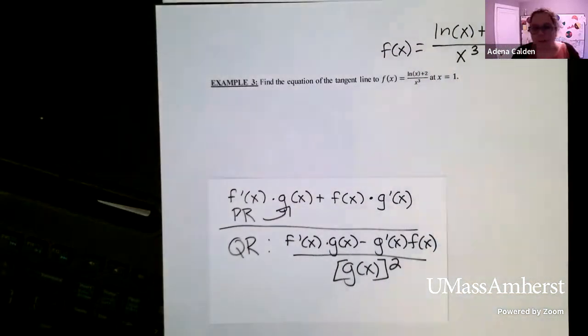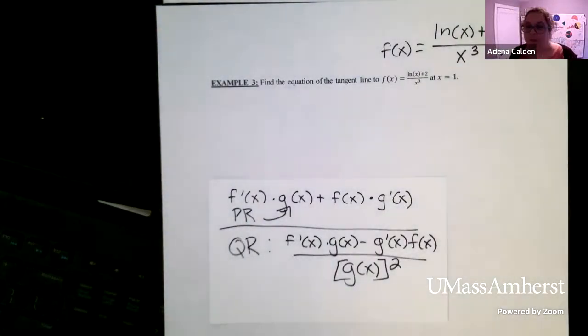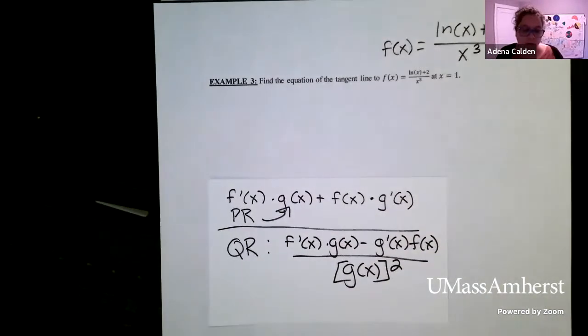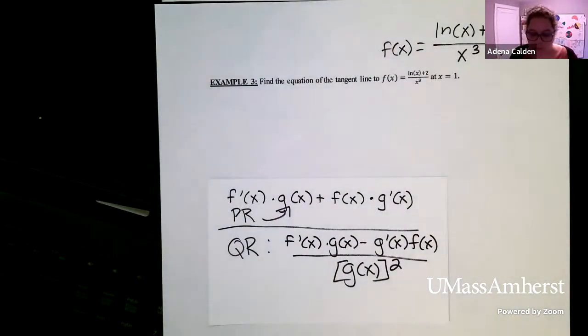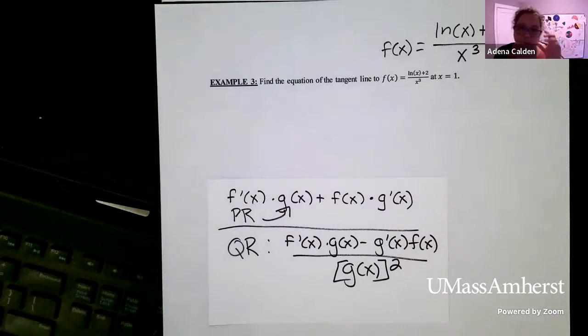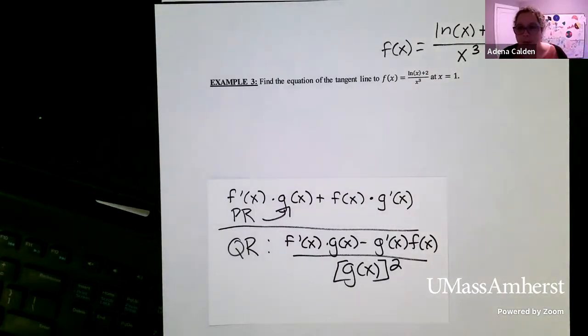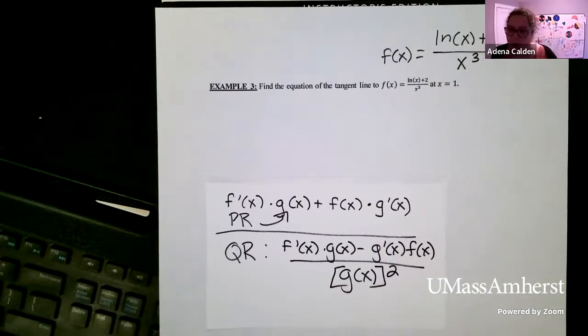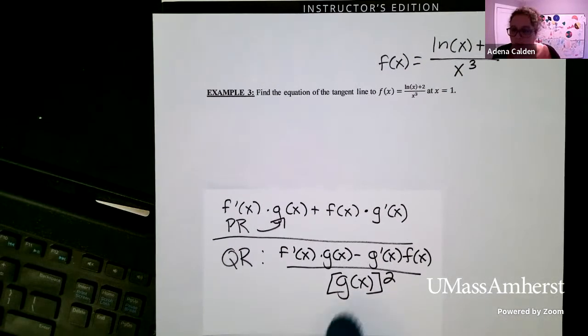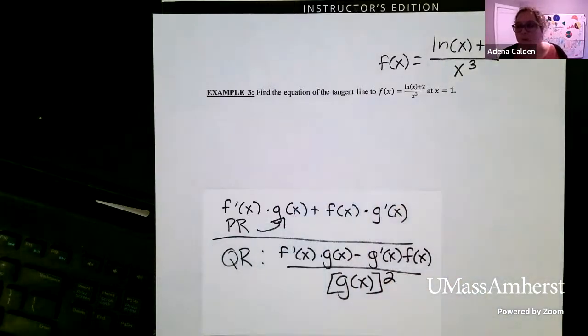So again, we need a point, we need a slope, and then we need to put it together into the equation of a line. To get the point, we're plugging the 1 into the original function. To get the slope, that's where the quotient rule is going to come in because we need to take a derivative. Okay, so I want you to take about 3 minutes-ish and see if you can apply what we know about this process and use the quotient rule, which is down here, to help you find the slope within this problem.